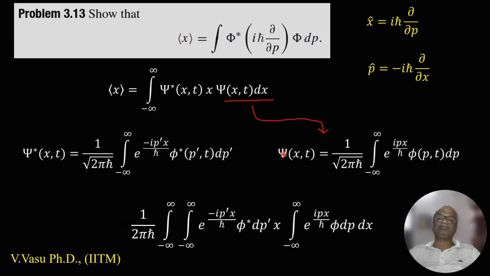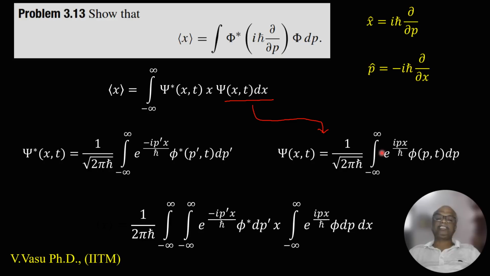From the inverse Fourier transform, ψ(x,t) can be written in terms of the momentum-based wave function as 1 over square root of 2πħ, integral from minus infinity to plus infinity of e^(ipx/ħ) Φ(p,t) dp. We are converting the momentum-based wave function into the position-based wave function. This is the inverse Fourier transformation, you know it very well.